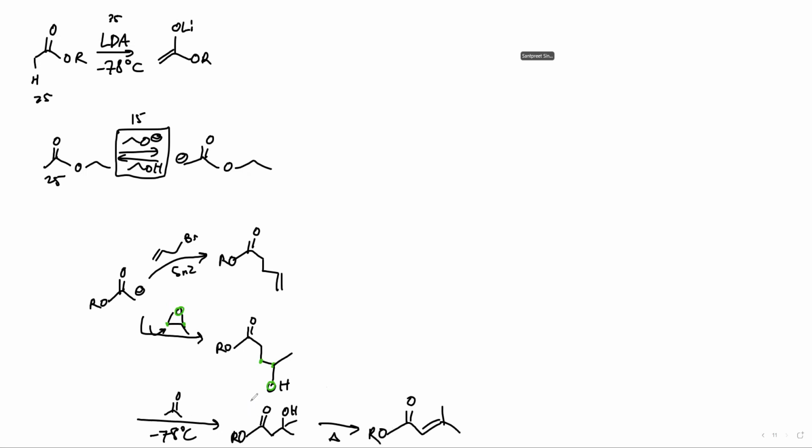Ester enolates are so useful and unique that we're actually going to see them again all the way in chapter 23, which is final material. So we're just broaching the tip of the iceberg, not an actual appreciation of the system as a whole.